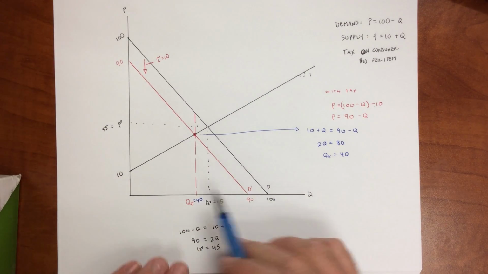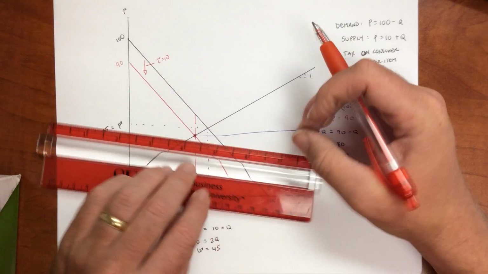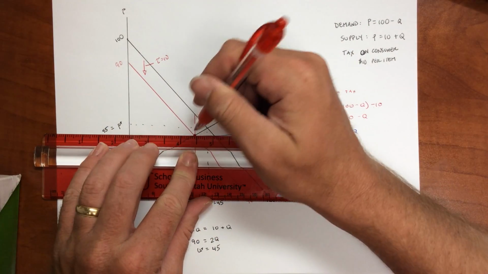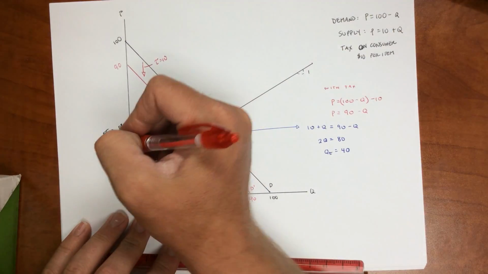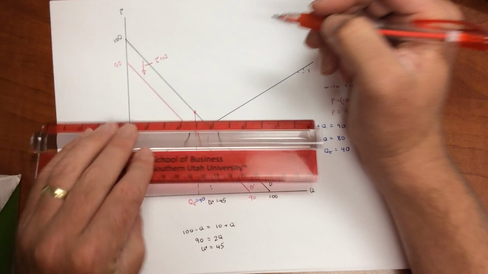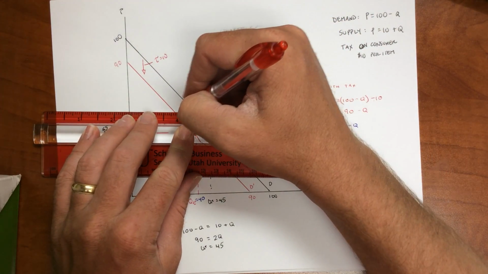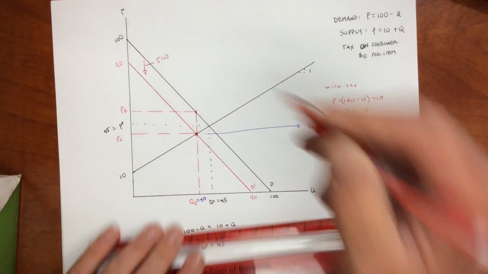Now the question you want to ask is which one you're putting it into. We're going to put that into the original supply equation to get the price of the seller, and then plug that also into the original demand equation to get the price of the buyer.